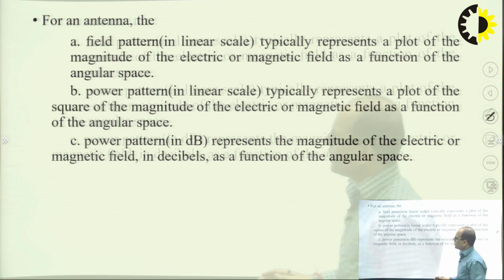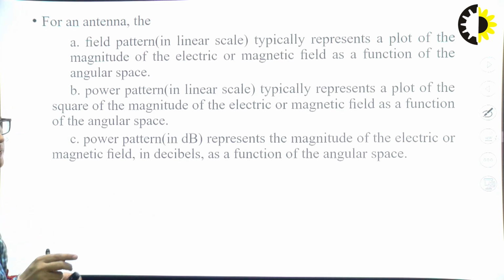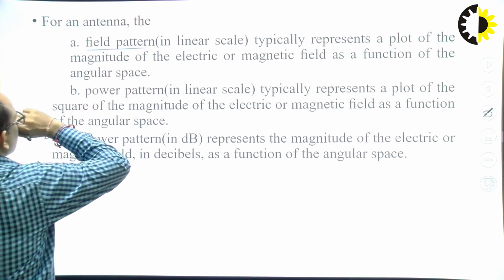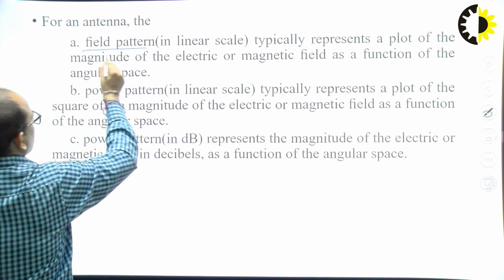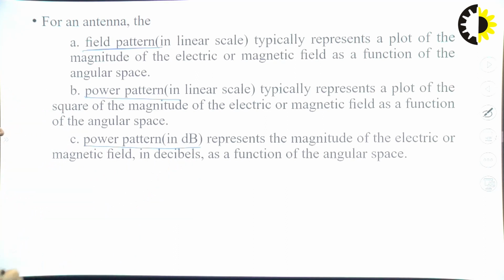So for an antenna, from the radiation pattern, the radiation pattern can be of two types: field pattern or power pattern, or the power pattern in decibel.